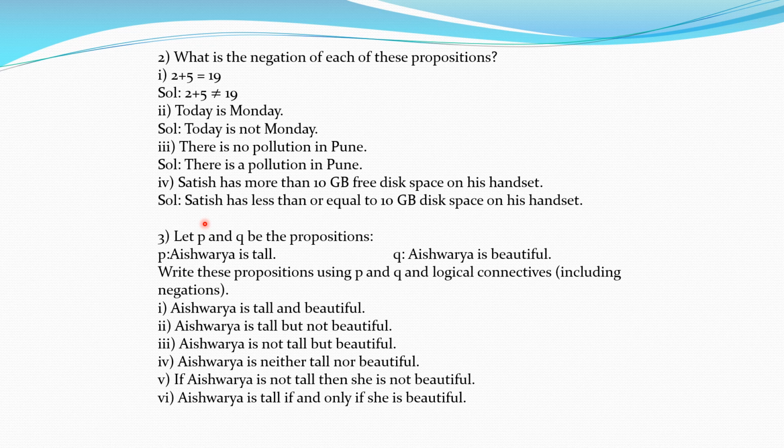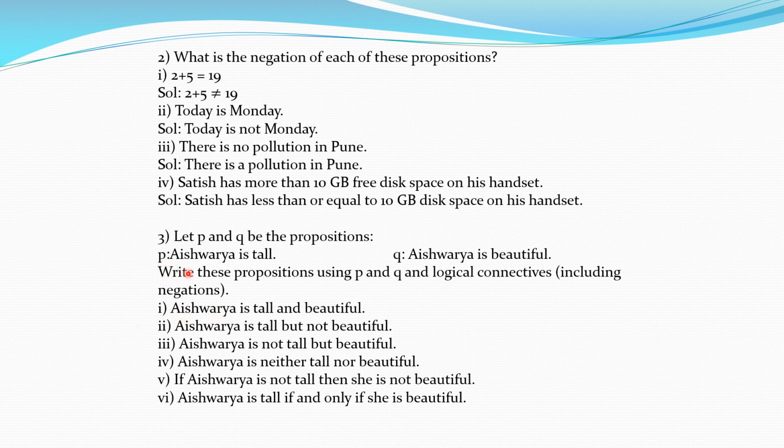Now the next question is: let P and Q be the propositions. P is Aishwarya is tall and Q is Aishwarya is beautiful. Write these propositions using P and Q and logical connectives. First is: Aishwarya is tall and beautiful. We have to write it in symbolic form. This is actually Aishwarya is tall and Aishwarya is beautiful.